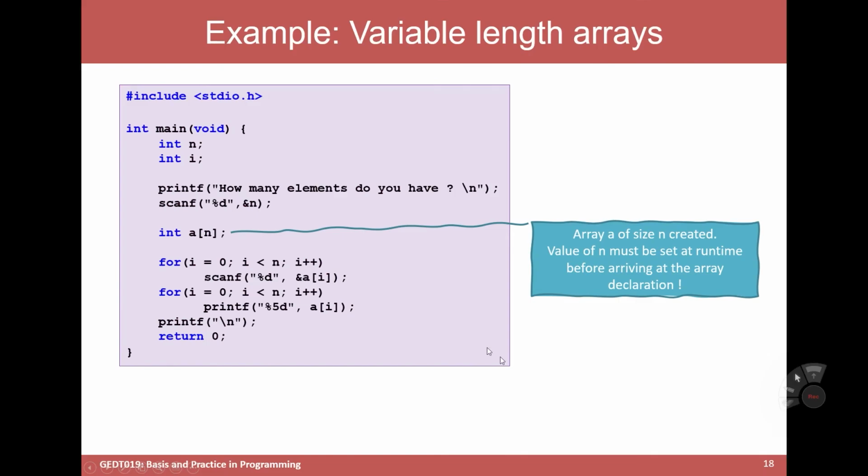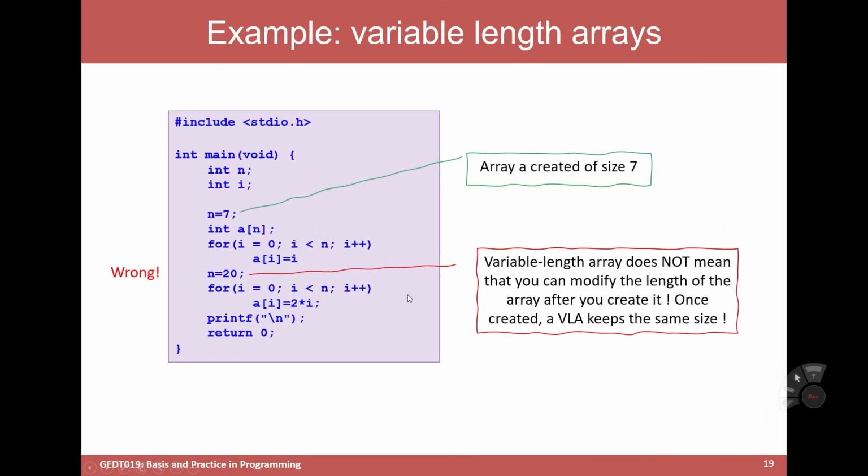Another thing: for example, here I say I want n to equal 7. This is a variable, not a constant. I reserve an array of 7 elements, so it will create an array of 7 elements: 1, 2, 3, 4, 5, 6, 7. After that, if I change n to 20, does it change the array size? No, it will not.